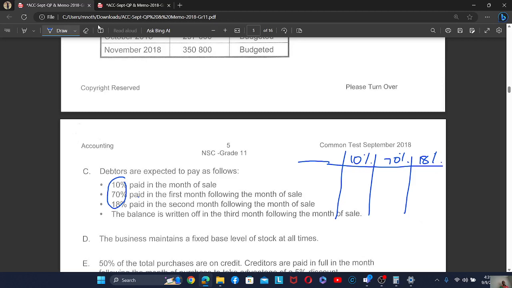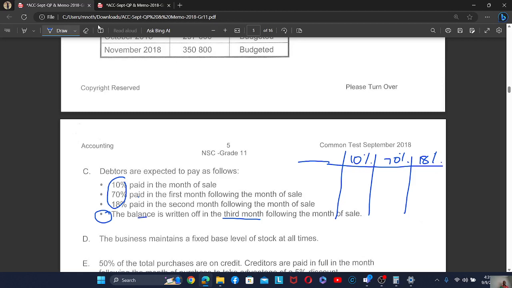And then they are saying the balance is written off in the third month following the month of sale. So we are going to ignore this part because it is for the projected Income statement. We are going to skip this one.